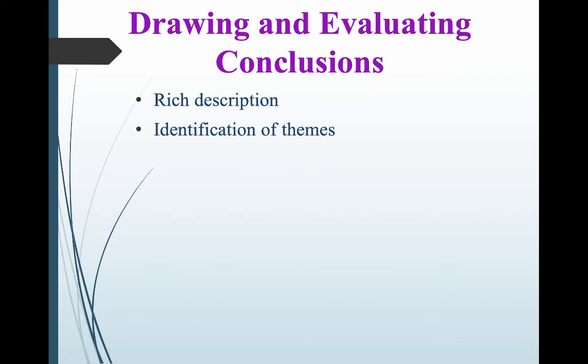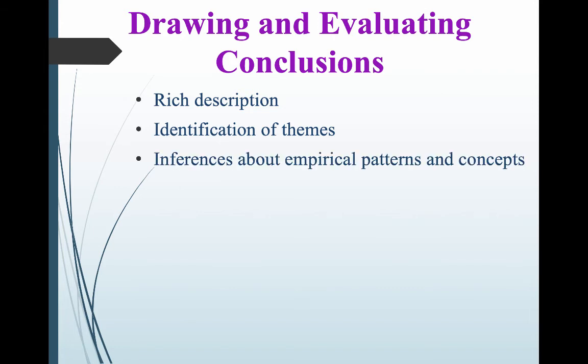This organizes the more subjective observations into clear, meaningful themes that focus the theoretical analysis. So then you make inferences about empirical patterns and concepts that relate to your specific research questions. And then you have your own theoretical propositions for what you think is happening, right? So you see that there's a relationship between these two variables. How do you explain that, right?